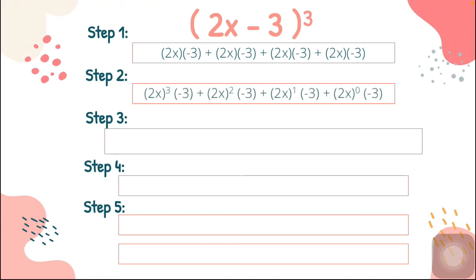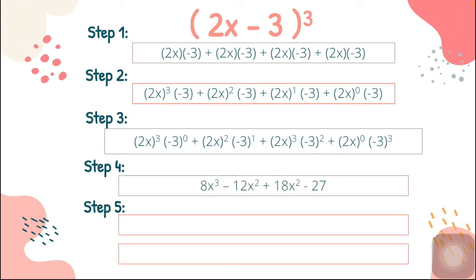So, step 2 is you need to put the exponent sa first term, highest to 0. So, sa third step naman is putting exponent on the second term, 0 to highest exponent na given.